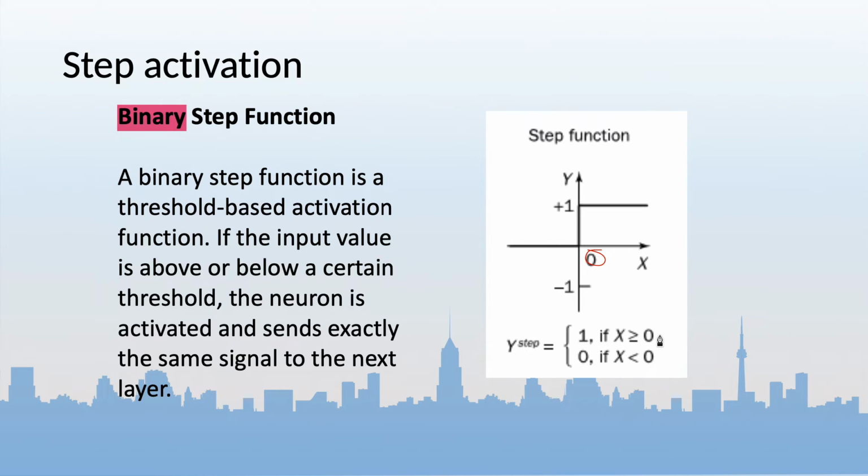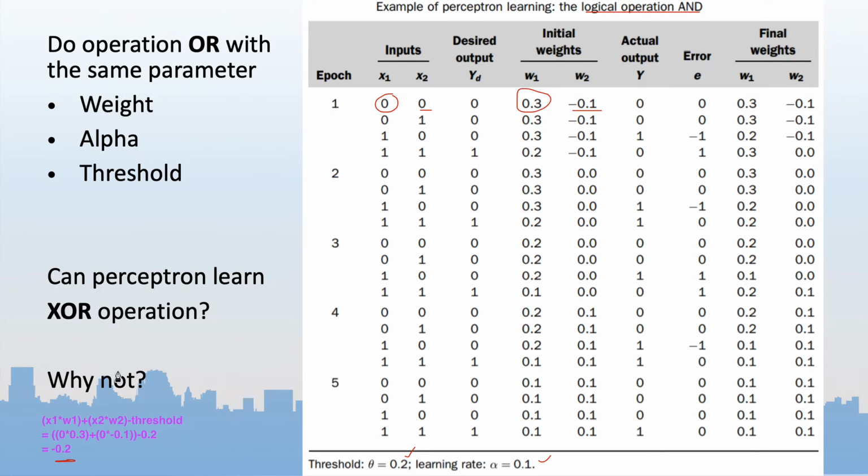And if the value is negative, like the one that we are doing right now, automatically the actual output will become 0. That's why this is 0.